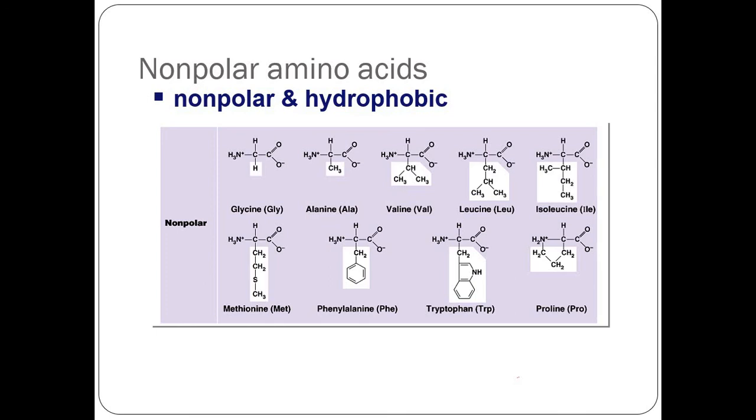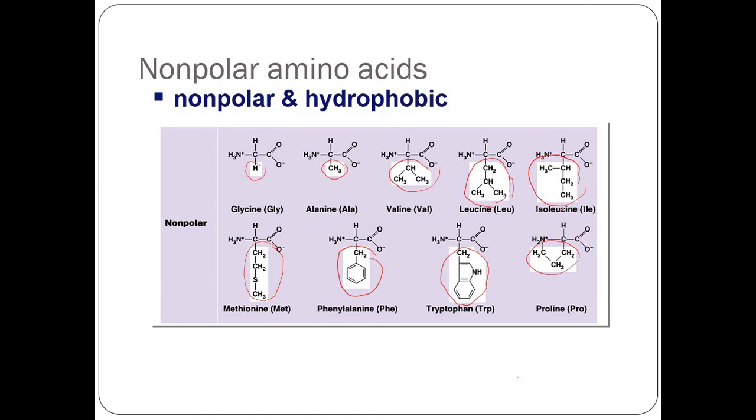We classify them as non-polar amino acids. Glycine is non-polar. The R group here is highlighted in white. Let's look at the R groups first. For glycine, you only have H. That's why it's non-polar. You have alanine, valine, leucine. Look at the R groups of these non-polar ones. Isoleucine, so they're the same. And then methionine, phenylalanine, tryptophan, and proline.